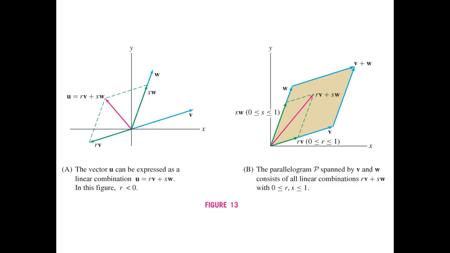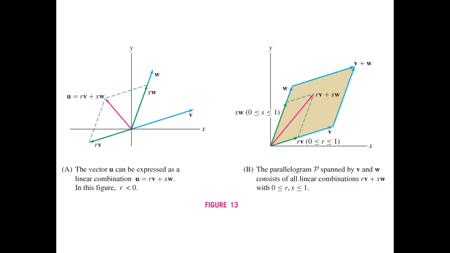So that vector U can be expressed as a linear combination of the vectors V and W. And in this case, R is a negative number, meaning less than 0, and also its magnitude is between 0 and 1. Okay? And S was a positive number whose magnitude was between 0 and 1.